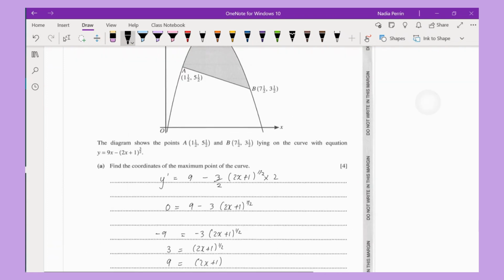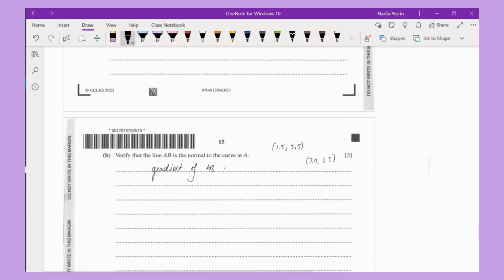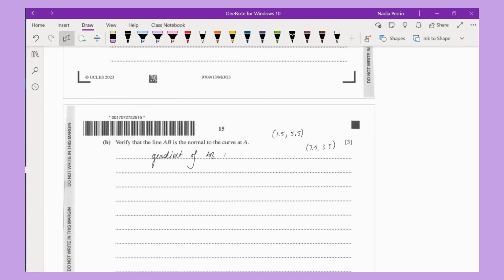No, it was 1.5 and 5.5 and 7.5 and 3.5. So we're going to do rise over run, so y over x. So 3.5 minus 5.5 over 7.5 minus 1.5. And if you do that, you get negative 2 over 6, which simplifies, of course, to negative 1/3.